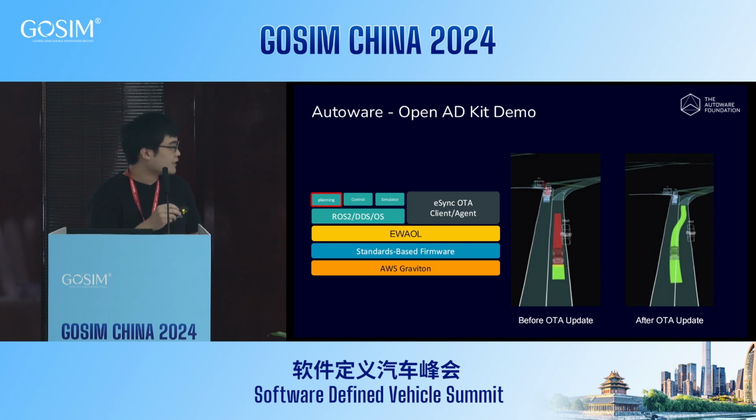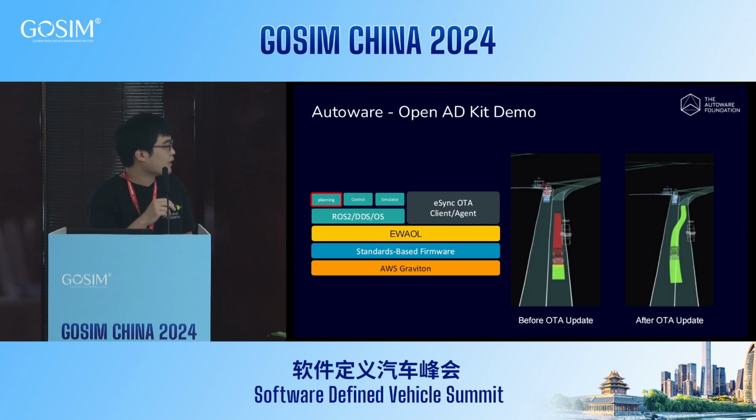But we had all the partners within the Autoware Foundation provide us the tools to do the CI/CD tests and updates on these planning modules only, so that through the OTA service, we were able to update the planning component only, rather than deploying the full stack again.